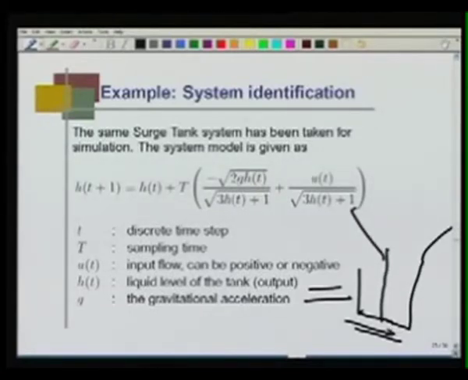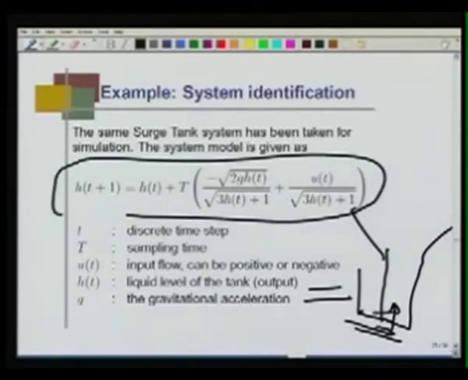So, the flow goes up and the liquid level in the tank increases. If the volume of the surge tank has a nonlinear relationship with the level h, then one model of such a surge tank is this, which is a nonlinear model. S t plus 1 is S t plus T into this quantity, where H t is the liquid level and U t is the flow inside this surge tank.